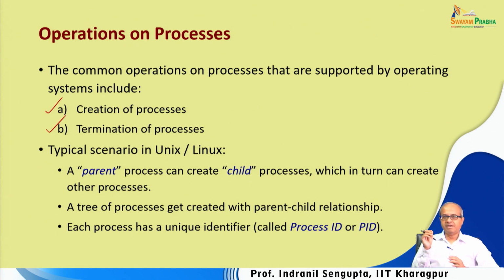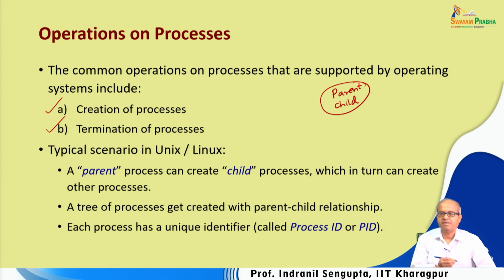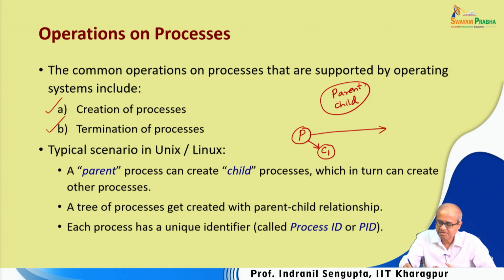So, in a Linux or Unix operating system, there is a concept of parent and child processes. The idea is, let us say a parent process, let us call it P, is running. The parent process can continue its execution, and it can create a child process, let us say C1, and C1 will also continue execution, right.